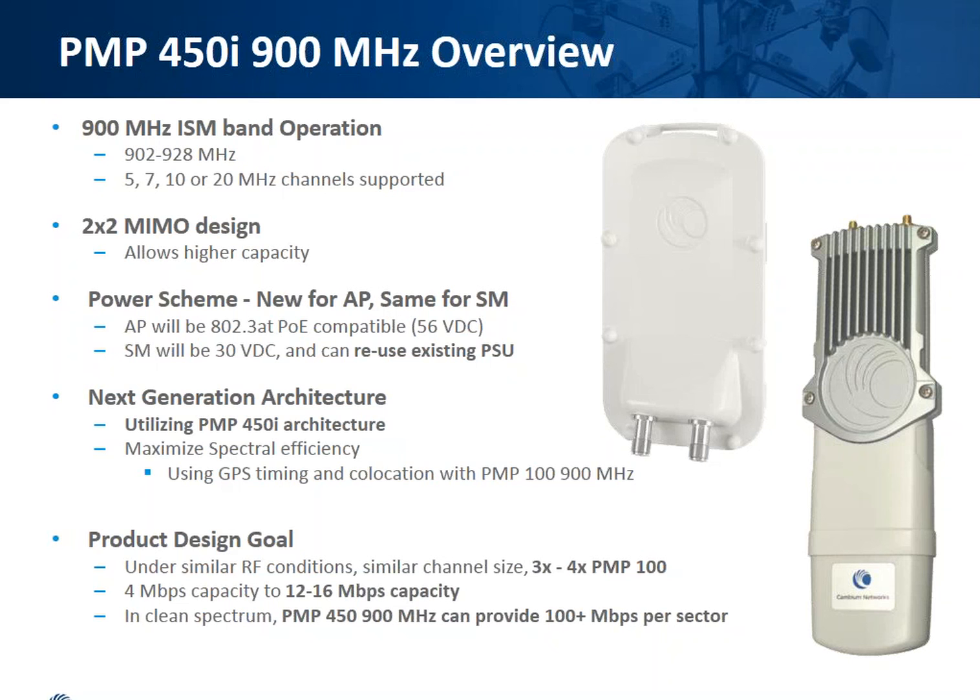Matt, we did have one question come in, and it was about, are there any plans to add 2.4 gigahertz spectrum to the 450i platform? We have the 2.4 product in 450. We don't have any plans yet to do a 450i version of 2.4. And that simply, so far, has been a market-driven decision.